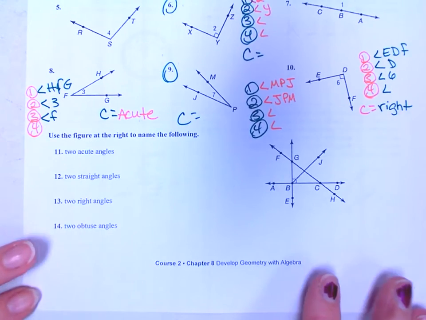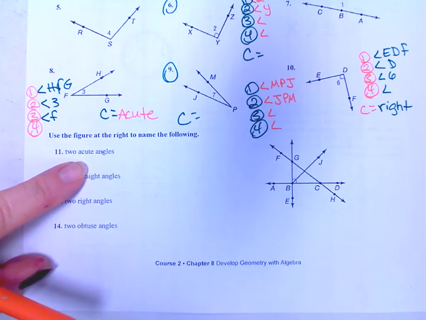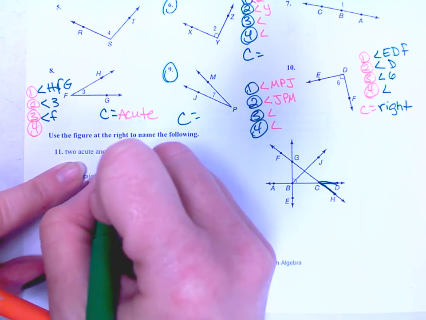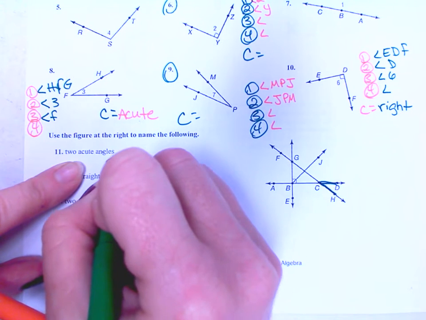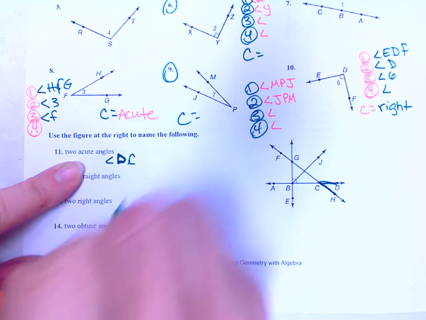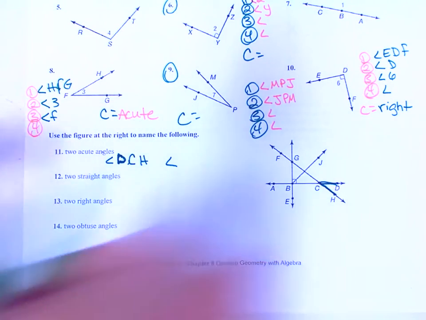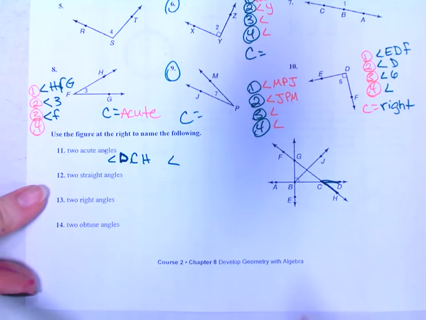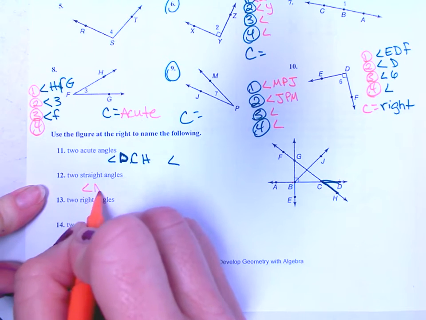Okay, number 11, 2 acute angles. Acute means small. I see a small one less than 90 degrees right there, so angle DCH. And then two straight lines, ABD.